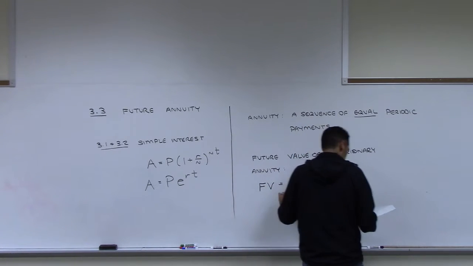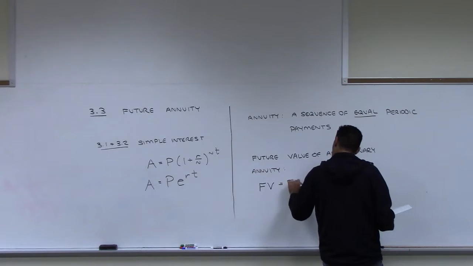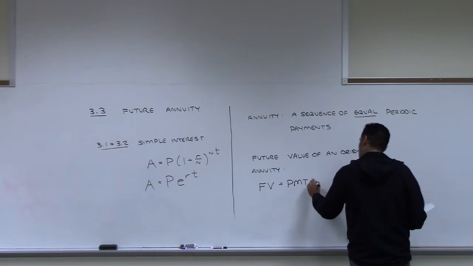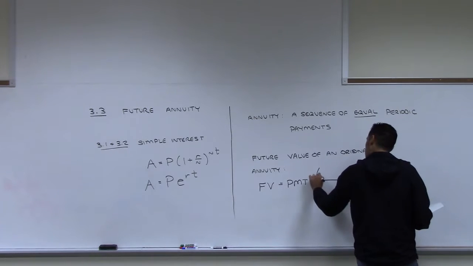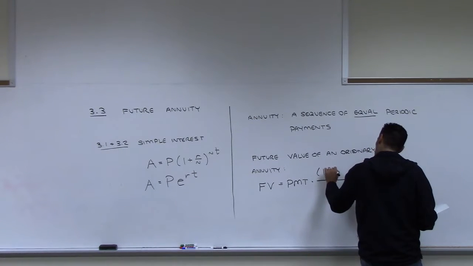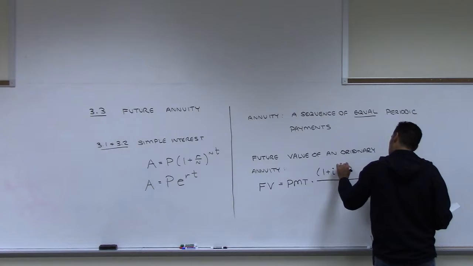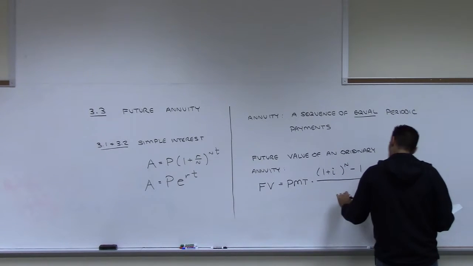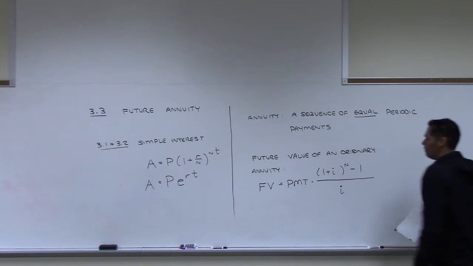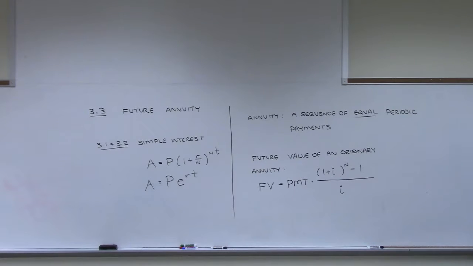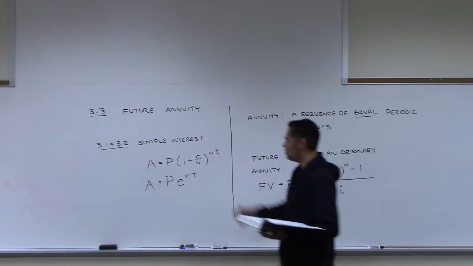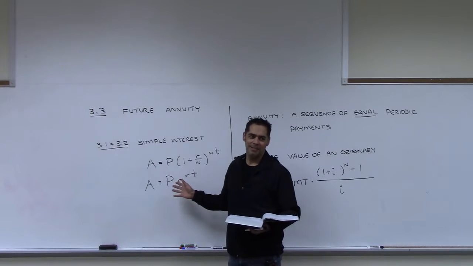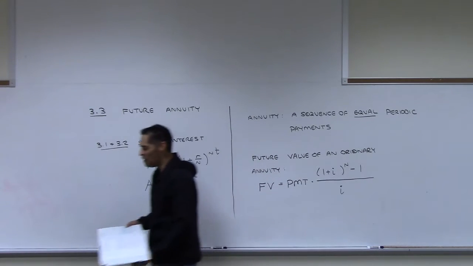FV equals PMT times a big fraction: 1 plus i, raised to the n, minus 1, over i. There's the formula. I will not ask you to memorize this, okay? These two I know you have memorized by now, right? No. The shampoo one, maybe?